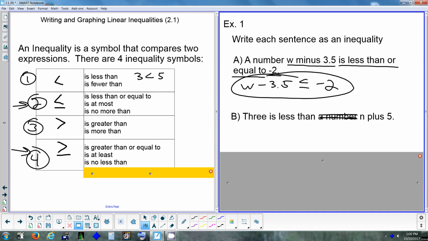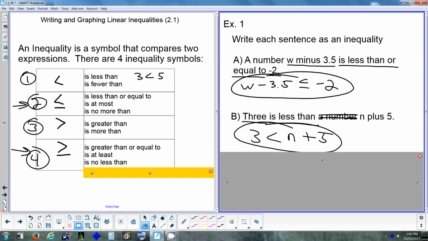Let's start with the first thing, 3. 3 is less than. What symbol would we use here, Will? The top one, symbol 1. And how would we write n plus 5? An addition sign, 5.